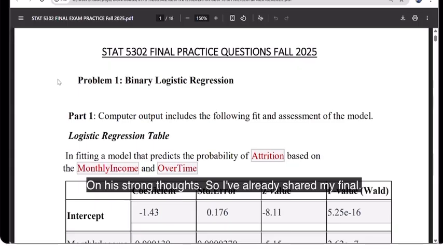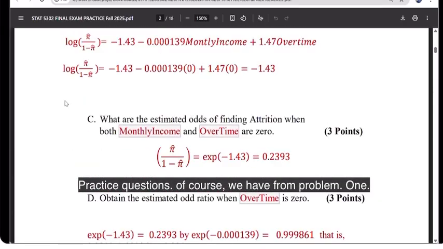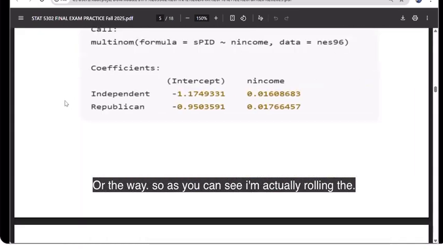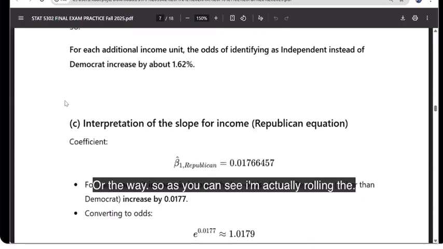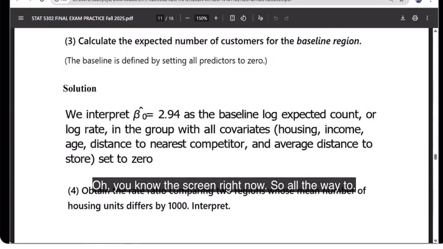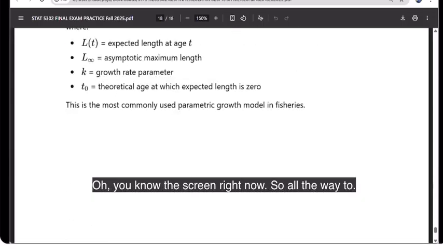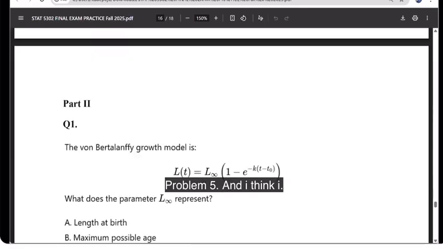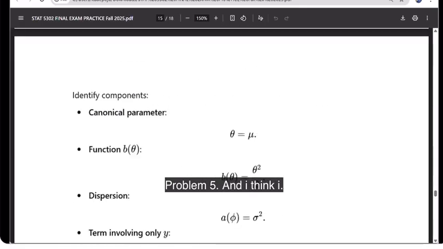So I've already shared my final practice questions, from problem one all the way to problem five, as you can see on the screen I'm rolling right now.